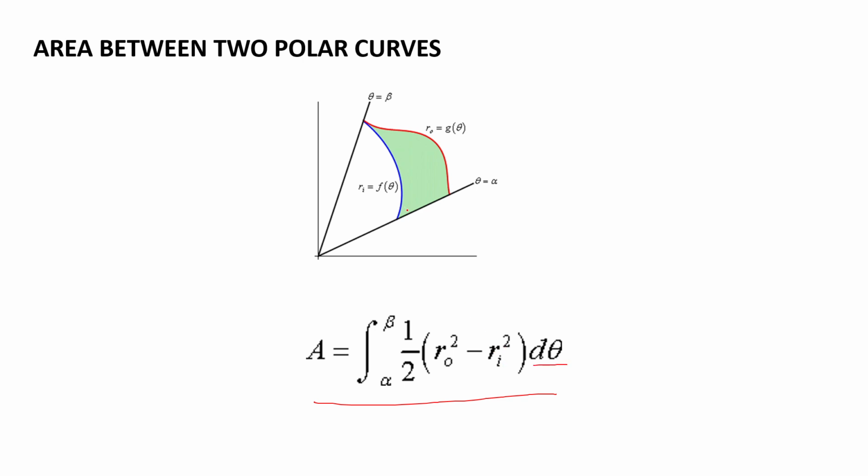Here r outer is the outer curve and r inner is the inner curve, and the limit is from alpha to beta. Again, this one is the outer minus the inner.